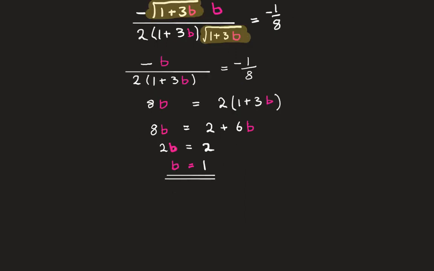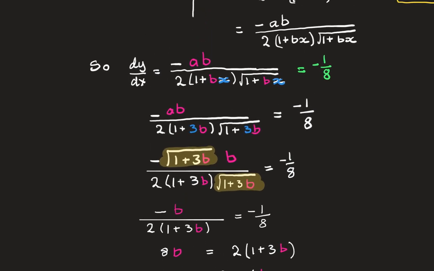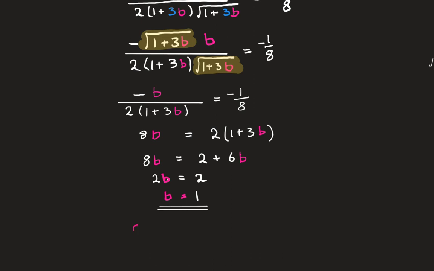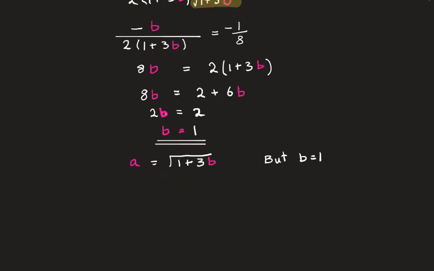And after tidying all up, I find that b is equal to 1. Okay, to find out what a is, I need to go up to a again and rewrite this. a is equal to the root of 1 plus 3b, but b is equal to 1, so a now will be equal to the root of 1 plus 3, which is equal to the root of 4, which is equal to 2.